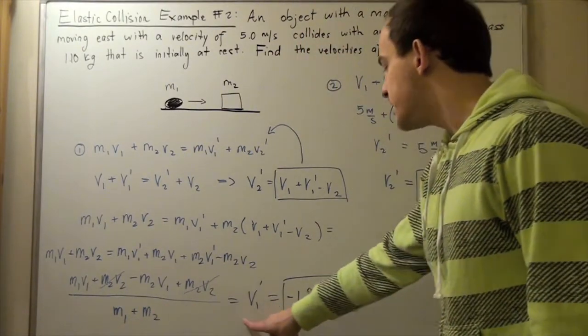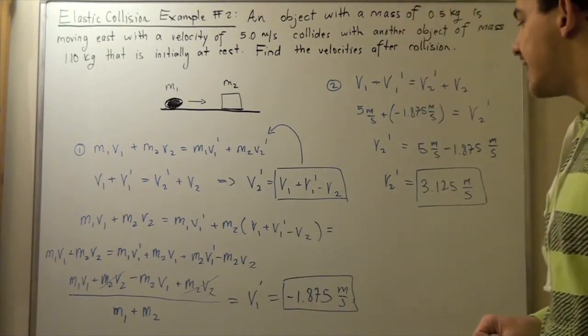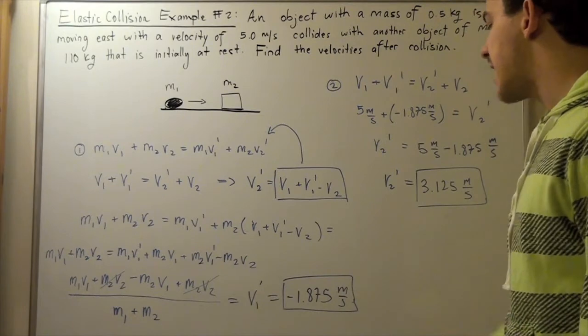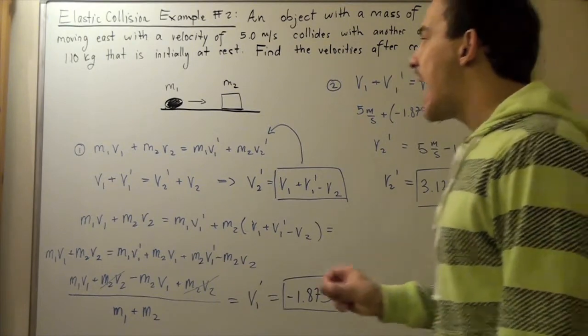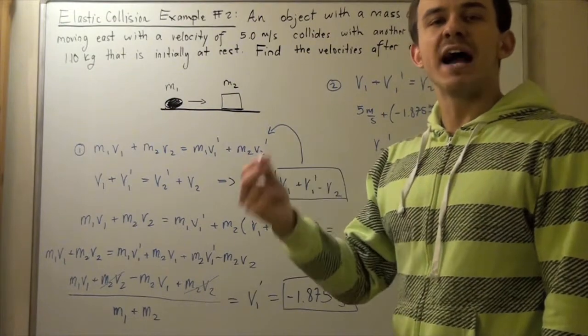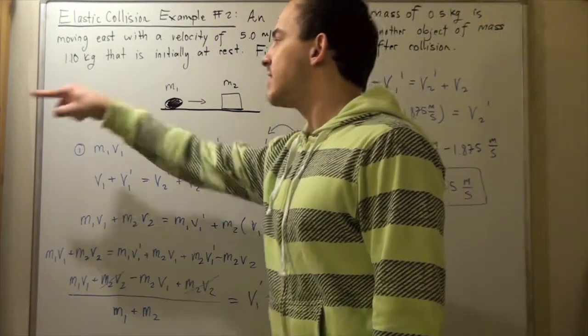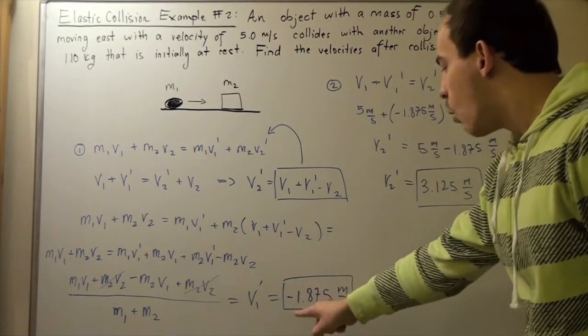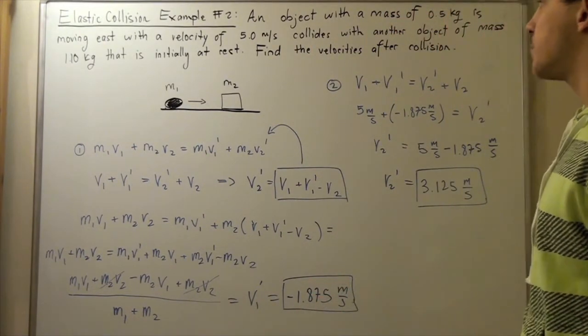So we simply plug in our values and we get negative 1.875 meters per second. So that means our object m1 moves with a final velocity in the west direction, with a magnitude of 1.875 meters per second.